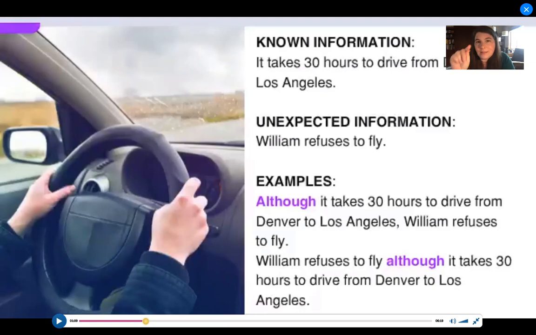The difference is the comma. Remember, if this dependent clause comes first, you need the comma, just like if. If it rains, comma, I will bring an umbrella. I will bring an umbrella if it rains. If you have it on the second part, there's no comma between them. So pay attention to this when we look at the other examples.